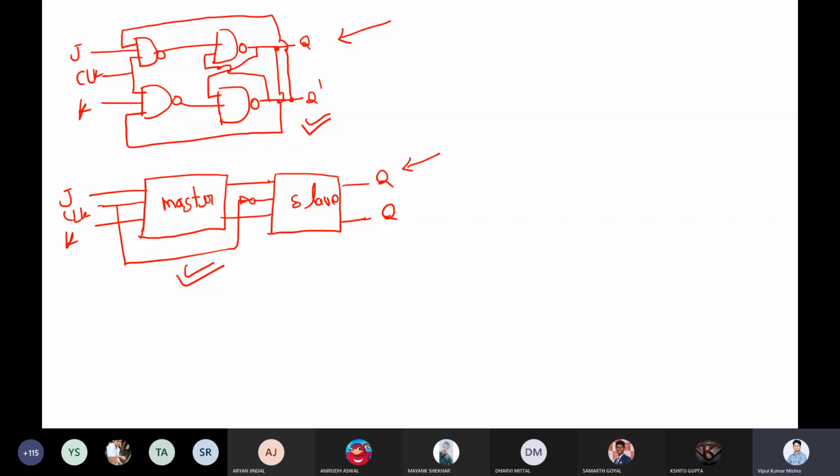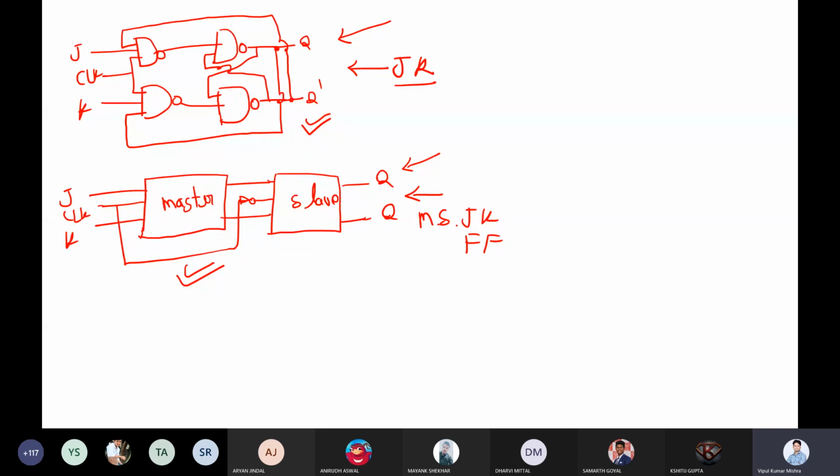You should not be confused about which one to refer to. Because in most places this acts as a JK flip-flop, we will go with this as the JK flip-flop, and this one we will call the master slave JK flip-flop. When we say master slave JK flip-flop, we are referring to this master slave configuration, and when we say just JK flip-flop we are referring to this configuration.